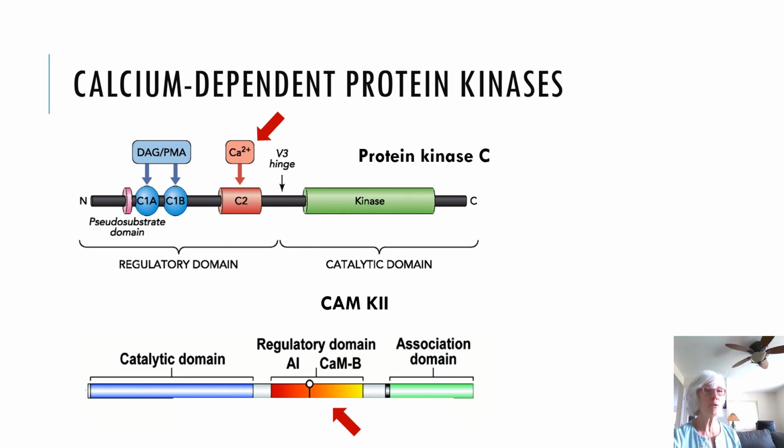CAM kinase 2 and protein kinase C are going to be two effector proteins that become activated when calcium binds to them.